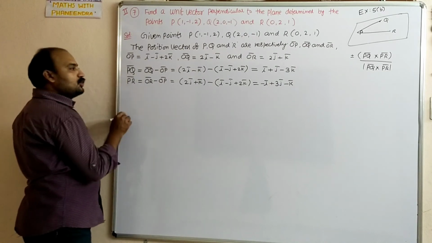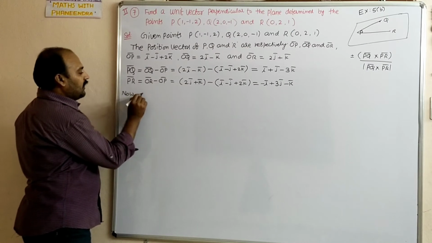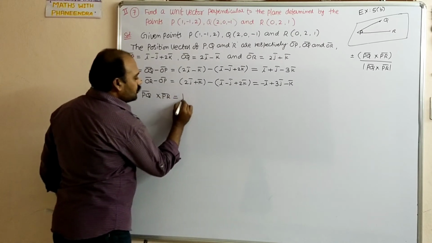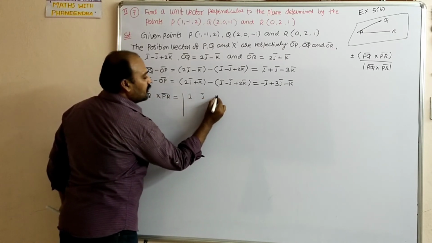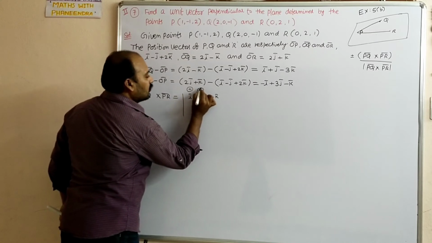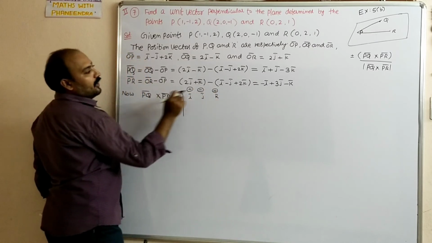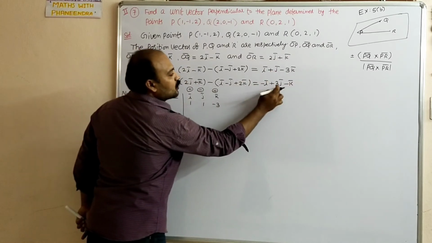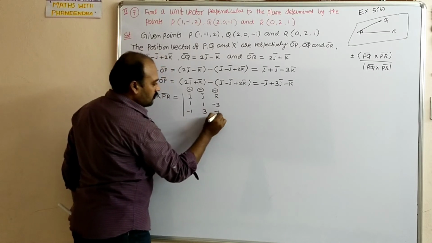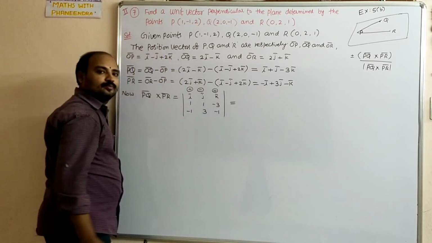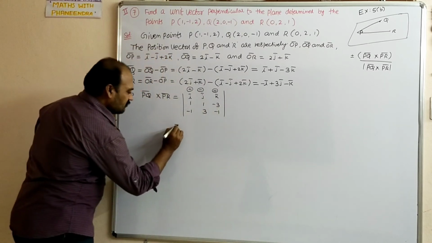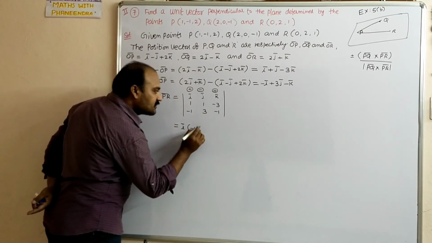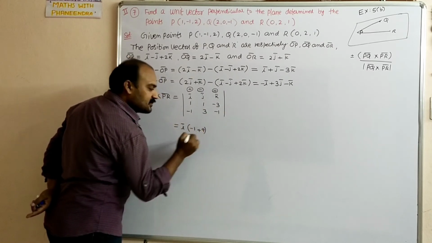Now cross multiplication of these two vectors. Now calculate PQ bar cross PR bar, which is equal to the determinant i, j, k. PQ components 1, 1, minus 3. PR components minus 1, 3, minus 1. So here I will write it better. i into 1 into minus 1 is minus 1, minus 3 into minus 3, minus 9, minus of minus plus.